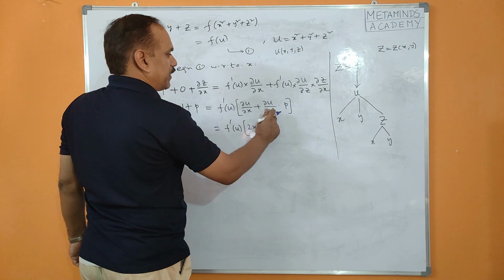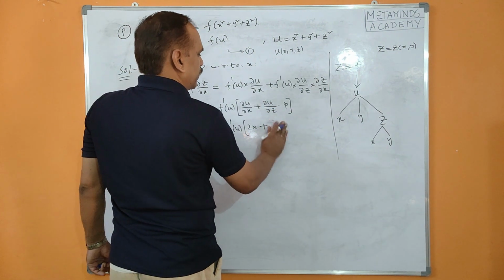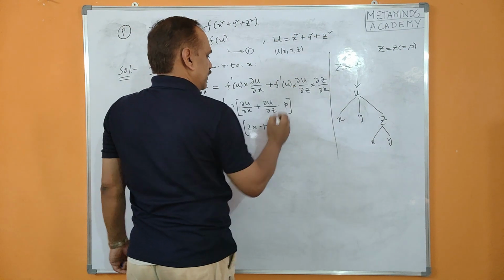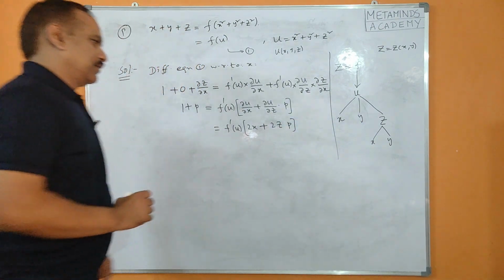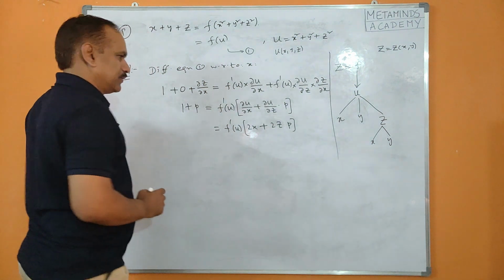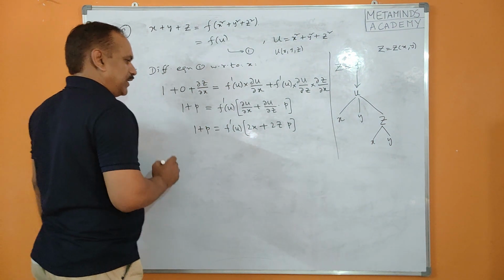So it is dou u by dou z. What is dou u by dou z? You differentiate u with respect to z, it is 2z into p. Right? Now this is one equation.